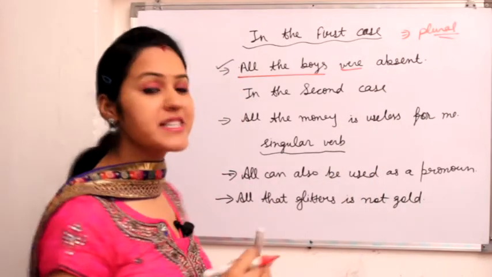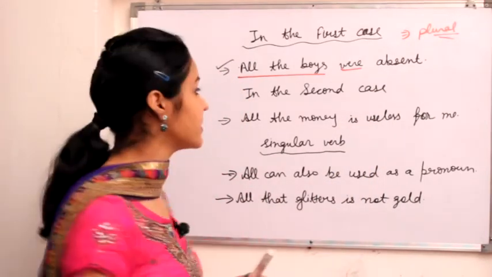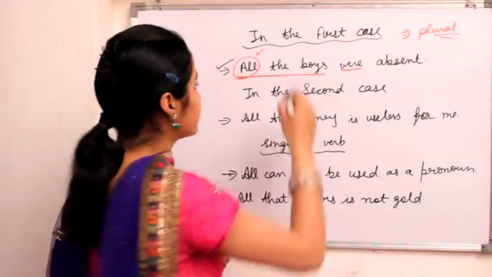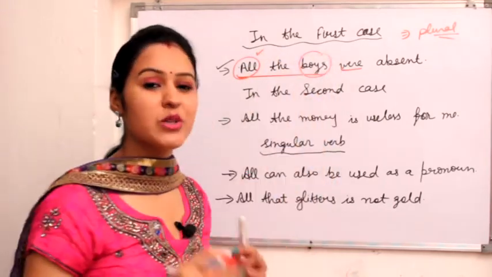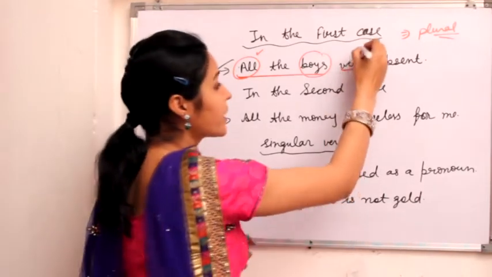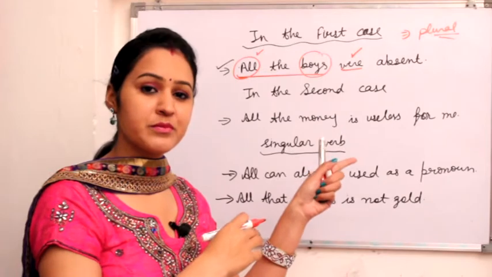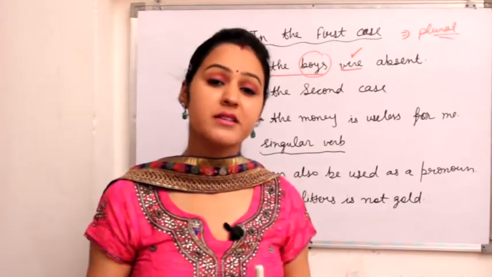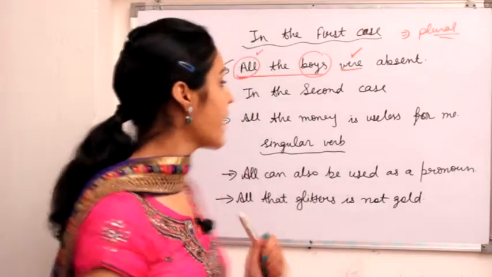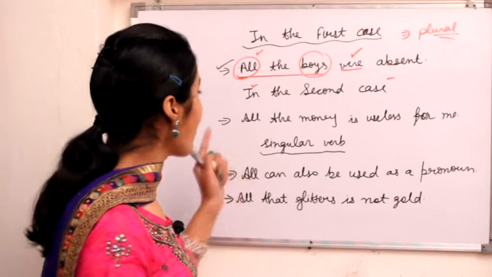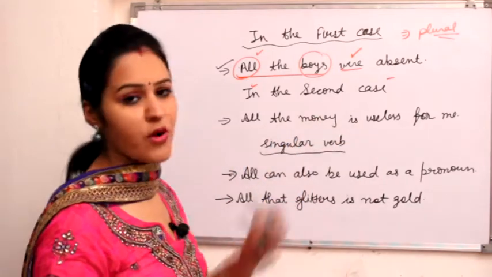So why is it counted as a plural case? Because I write here all for the boys. So the boys are counted as plural nouns, or we can recognize it from were. Were is also used for plural nouns. In the second case, all the money is useless for me.